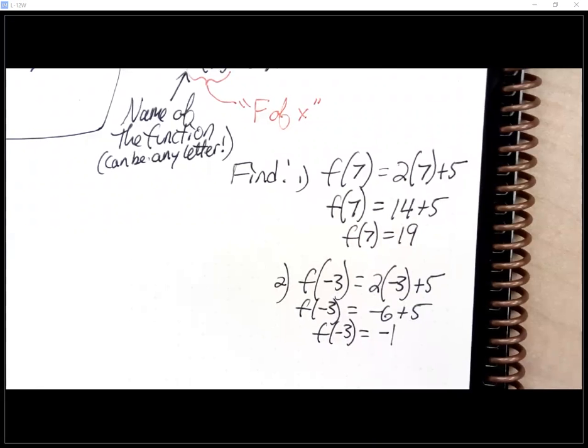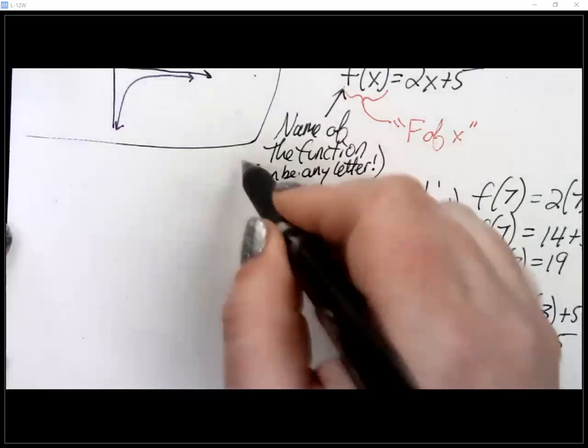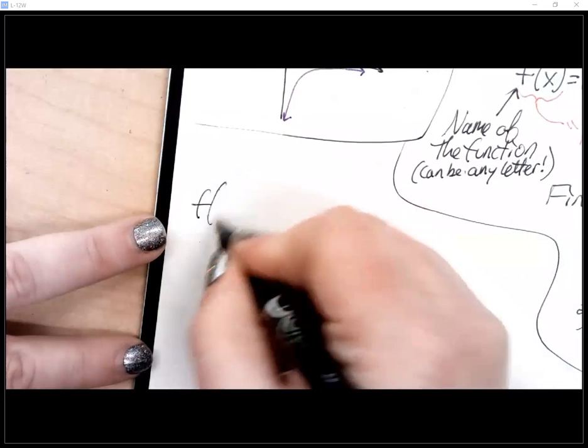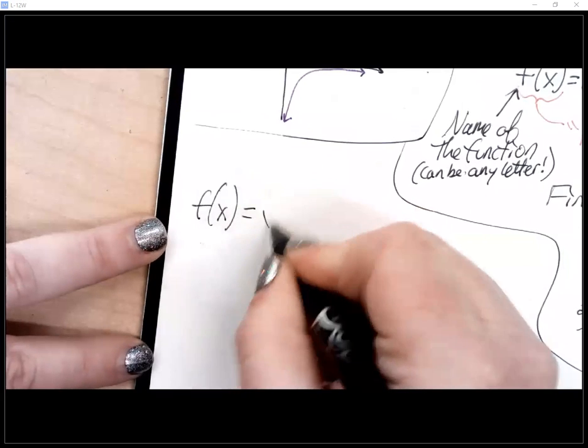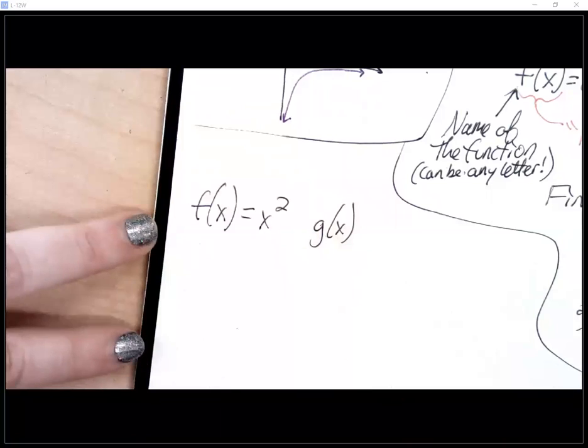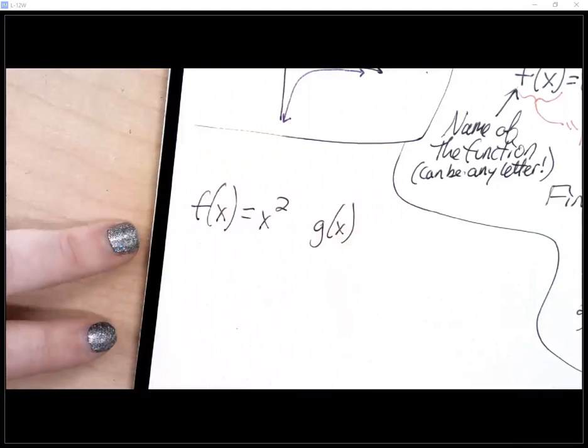Okay, so now I'm going to sneak in over here, trying to conserve my sheets. Let's say that the f function, let's say f of x is x squared. Let's have g of x. So now I'm just introducing another one. I'm going to call this one g because I already have f over here, so we can distinguish between the two easily.